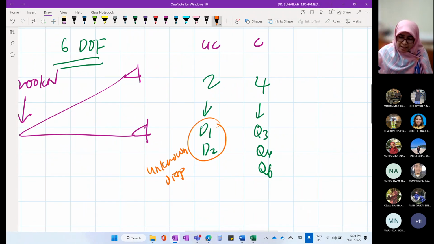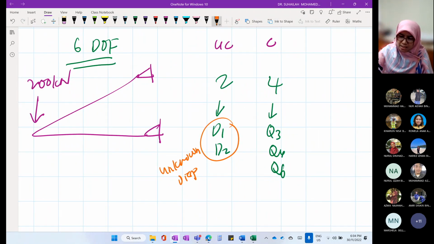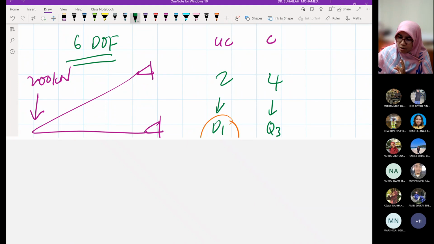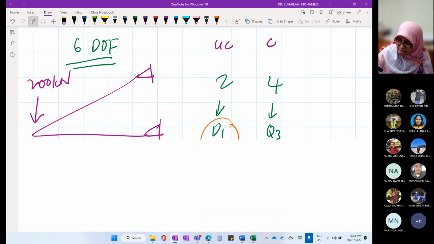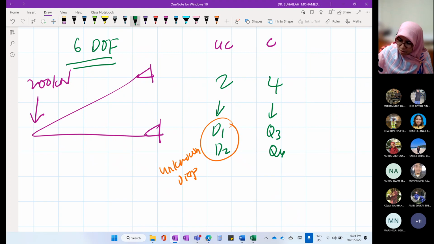Okay, and Q3, Q4, Q5, Q6, they continue after the first two. D1 and D2, the continuation is 3, 4, 5, 6. So the four of them are 3, 4, 5, 6.